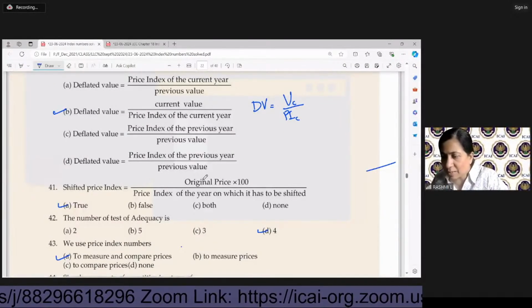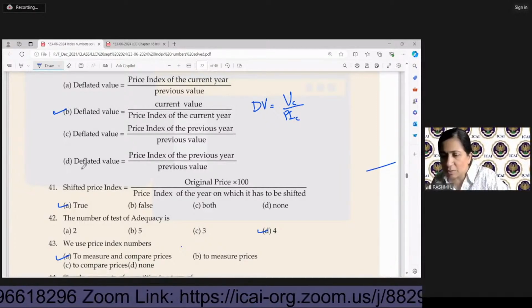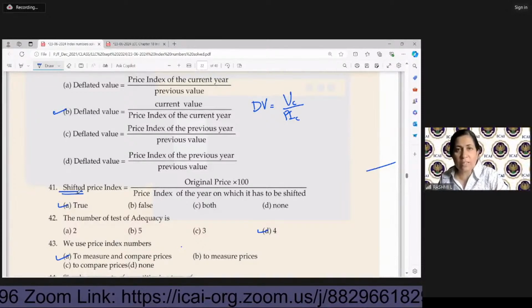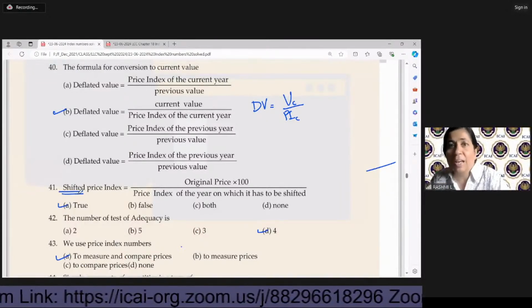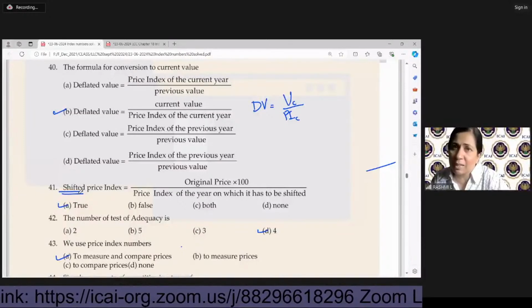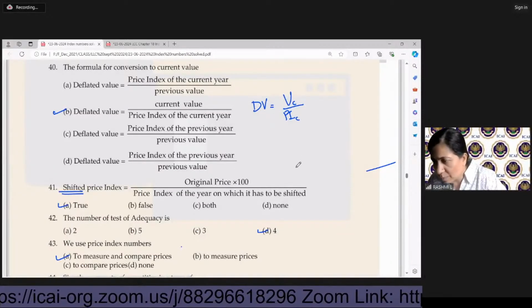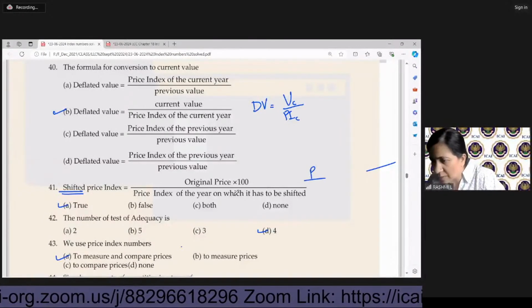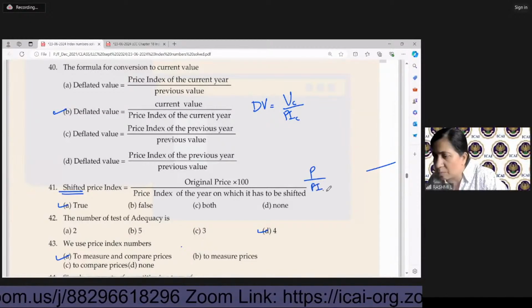Shifted price index is the original into 100 upon the price index of the year to which it has been shifted. So we talked about shifting, deflating, and splicing. In splicing also you have forward splicing and backward splicing. Okay. So original price upon the price index to which it has been shifted.